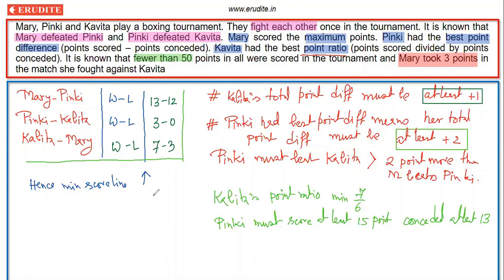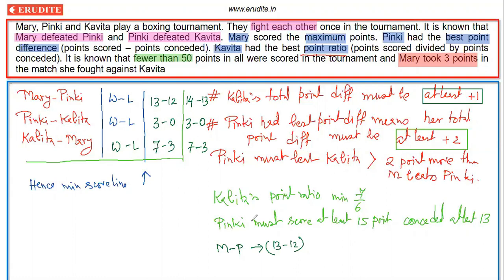That means Mary Pinky, where we have written the 13-12 score line, it can be more than that without contradicting the values of others, as well as the total point difference of point score needs to be less than 50. So we can also take 14-13, a gap of 1, but we are keeping these the same, 30, 70. In this way, some of the values we can take.